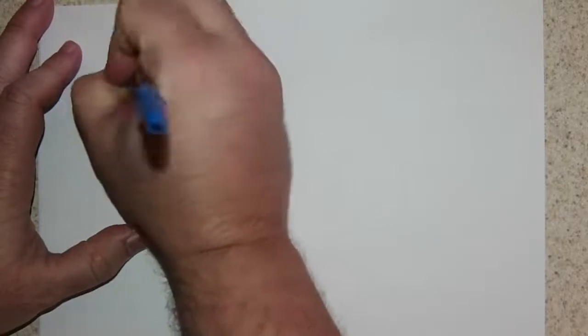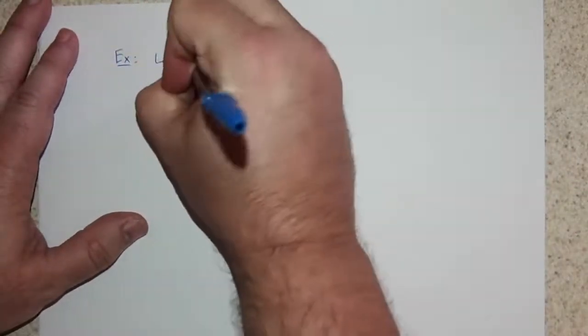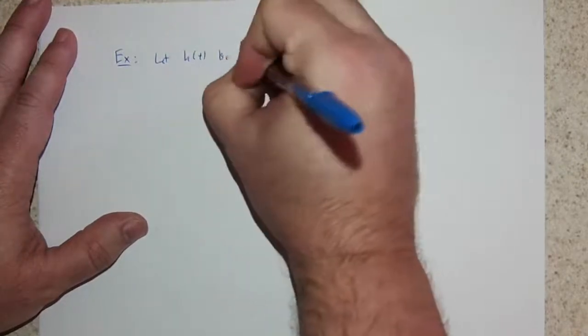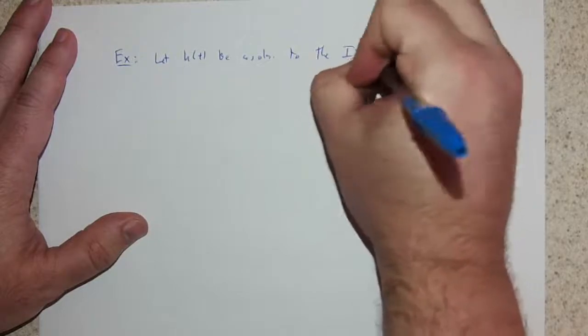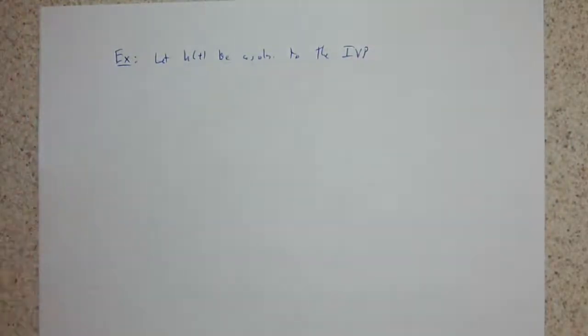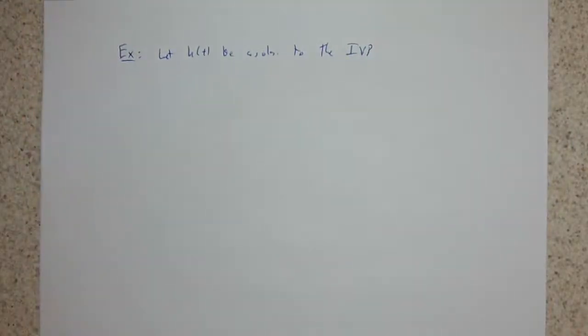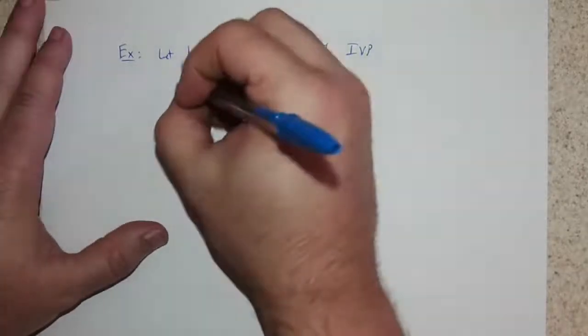Okay, let's do another example. Let h of t be the unique solution to the IVP.